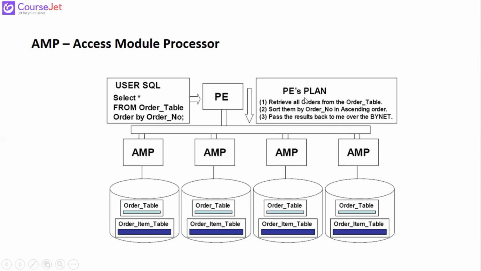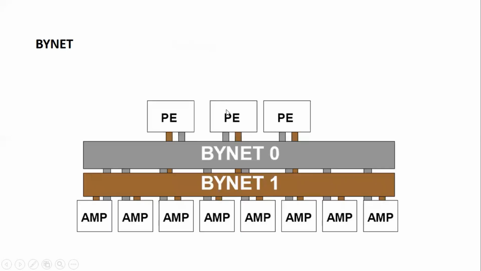This is the PE's plan, which is passed and delivered to the AMPs. These AMPs will retrieve the data from the order table, and then pass it back to the PE.